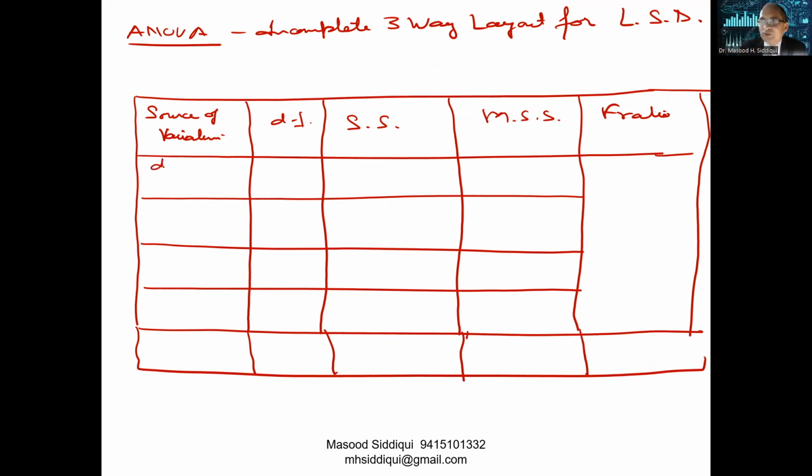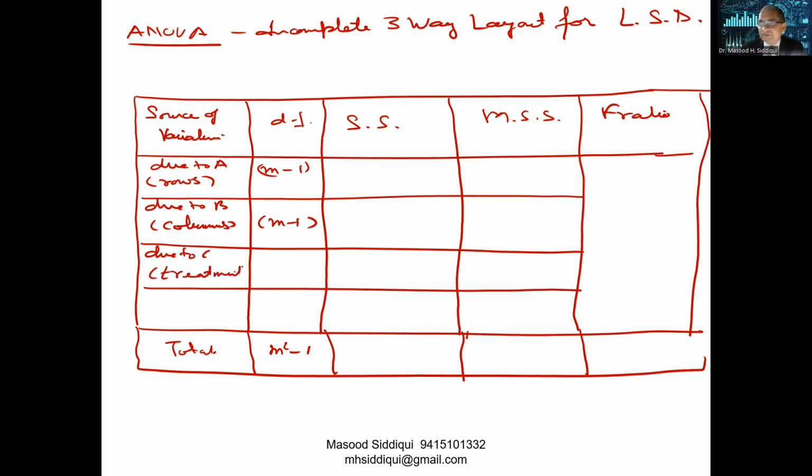So the first one is due to A, that is the rows. Since there are m, the degrees of freedom are m minus 1. The total number of observations would be m square, so the total degrees of freedom would be m square minus 1. The next one is due to B, that is columns. Here also we have m minus 1. The third one is due to C or treatment, also m minus 1.